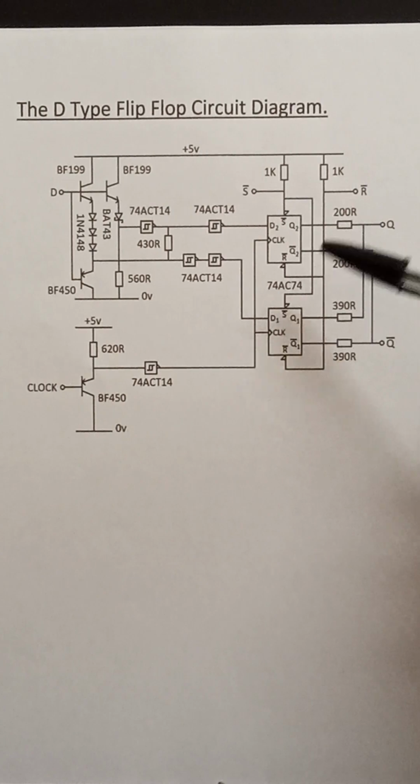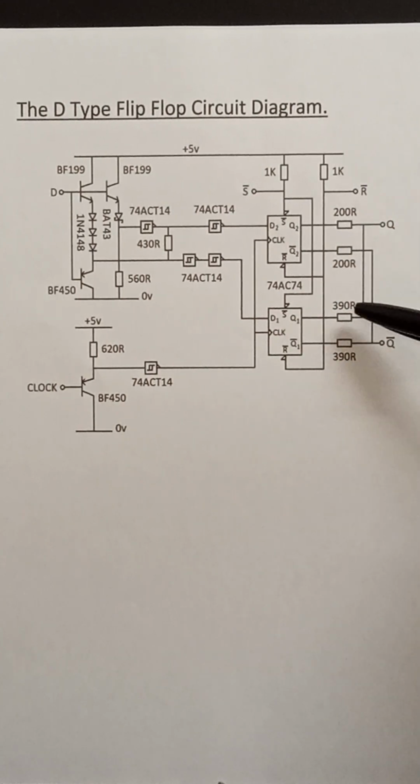It then gets presented to Q2 and Q1 and then converted from binary to quaternary for Q and not Q. Again, not Q performs the value 3, 2, 1, 0 in response to outputs of Q of 0, 1, 2 and 3. So it's like an inverter.